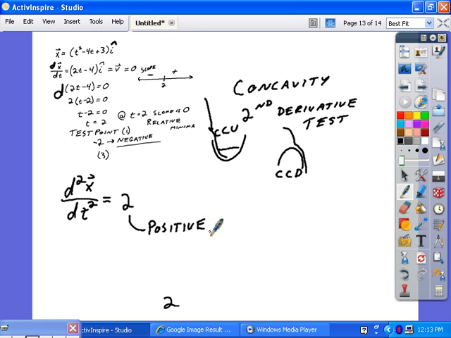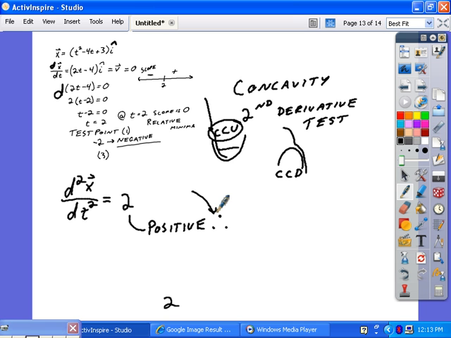Right? Anytime that you get a positive result for your second derivative test, that means that your graph is concave up. Okay? So, when you get a positive result here, that means, therefore, I'll use this a few times in graphing here.